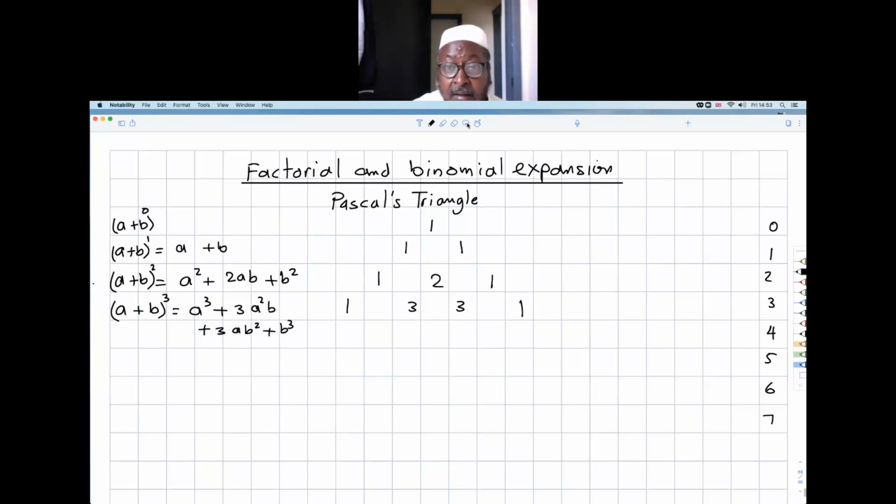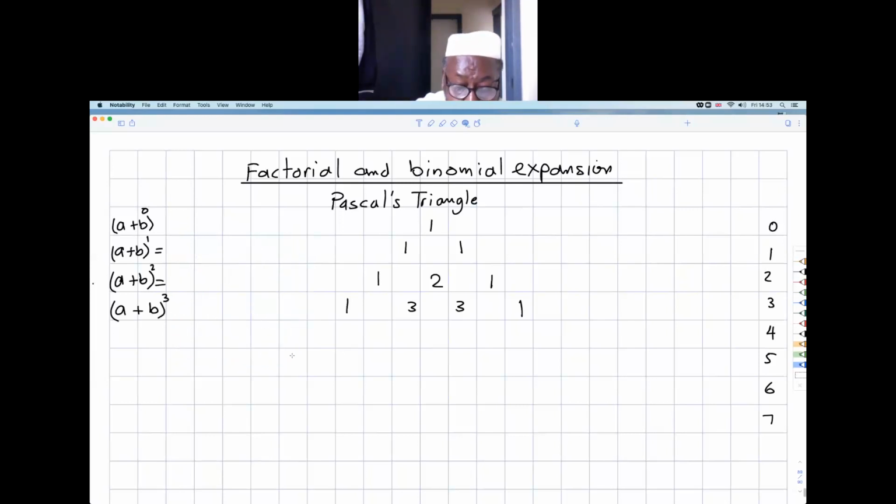If we carry on like this, we keep going here. This is number 4. We put 1 here and 1 here. 1 add 3 is 4. 3 add 3 is 6, and 3 add 1 is 4.